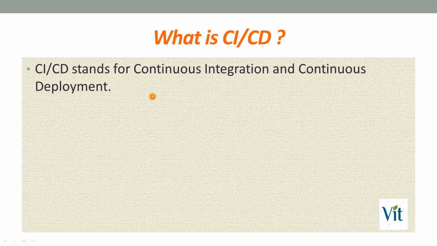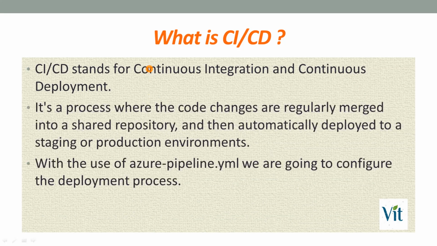So what is CI/CD? CI/CD stands for continuous integration and continuous deployment or delivery. Okay. It is a process where the code changes are regularly merged into a shared repository, then automatically deployed into staging environments or production environments. Okay. Whatever the environment you are going to keep, either it is a dev or QA or QA1 or production environment, automatically it will get deployed.